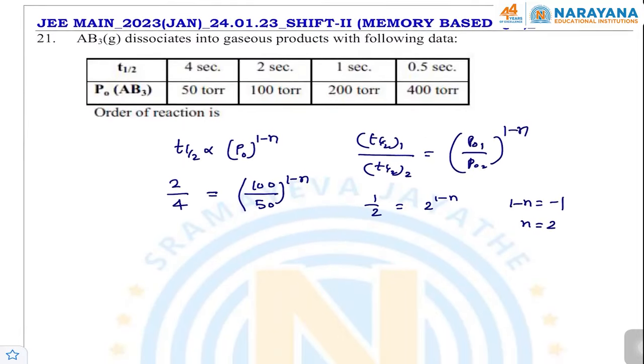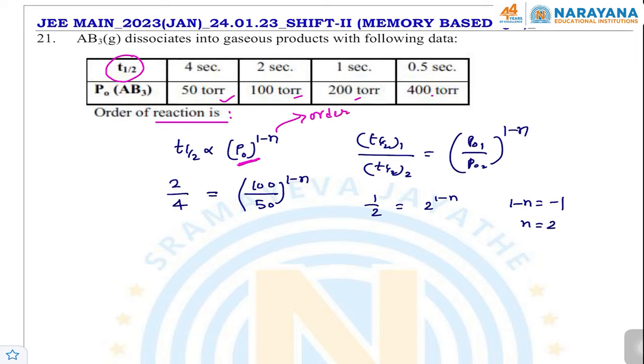The next question is based on kinetics. Here half-lives are given at different initial pressures. It is asked to calculate the order of the reaction. A routine question. We know that for nth order reaction, half-life is proportional to initial pressure power 1 minus n, where n is the order of the reaction.